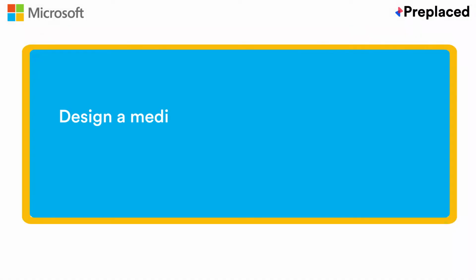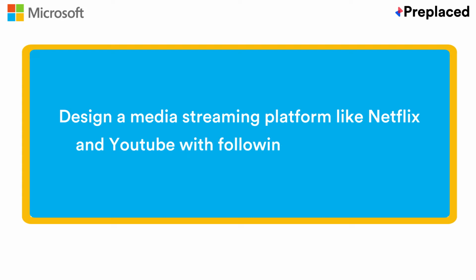So I want you to design a system kind of like YouTube or Netflix, where as a user you can log into the system and you can do whatever you want. For example, you can watch some kind of video, you can bookmark your favorite thing, or maybe when you are watching a movie, you have already watched half and you have some urgent work and then you have left.